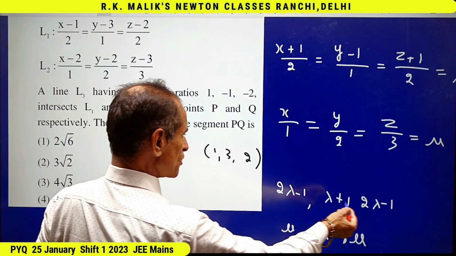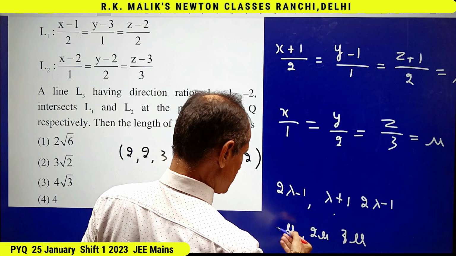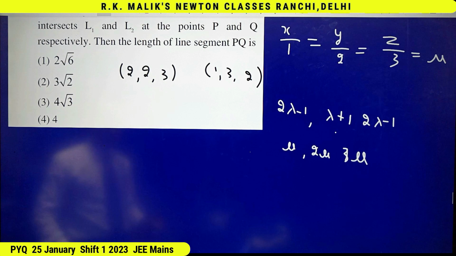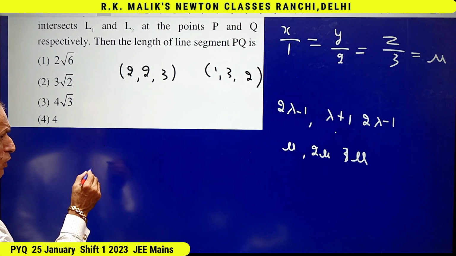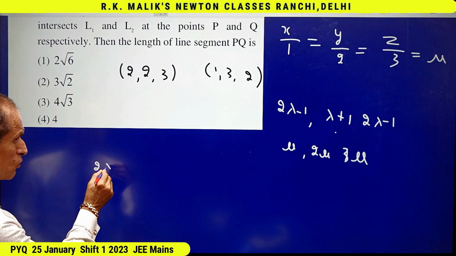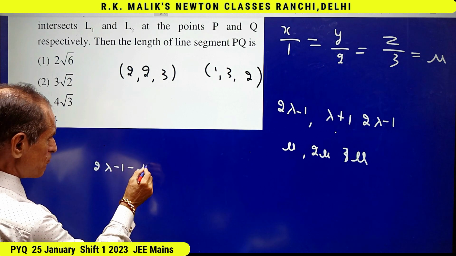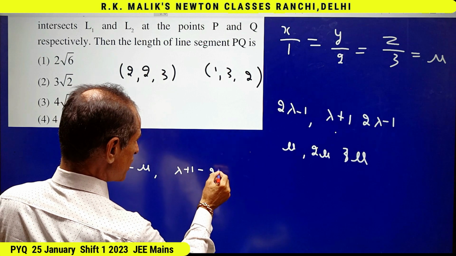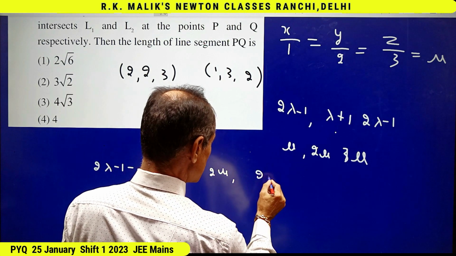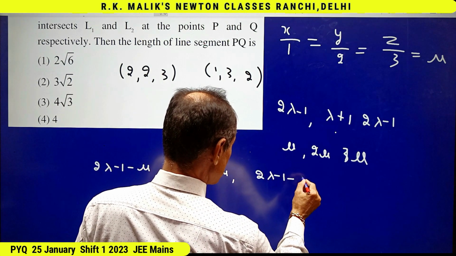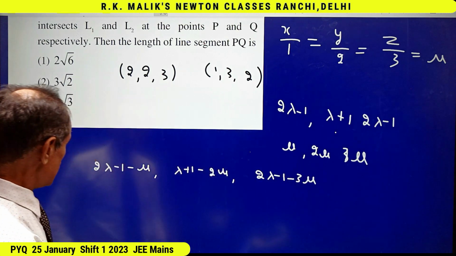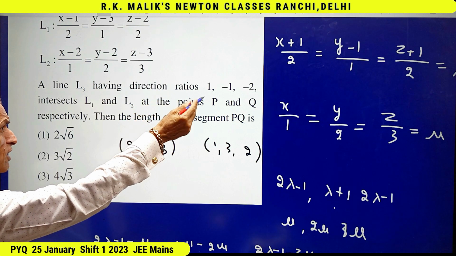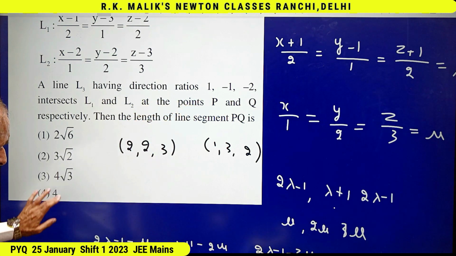Suppose these are the coordinates of the point P and these are the coordinates of the point Q. Hence the direction ratio of PQ will be 2 lambda minus 1 minus mu, lambda plus 1 minus 2 mu, 2 lambda minus 1 minus 3 mu. And the direction ratio of PQ is also 1, -1, -2.